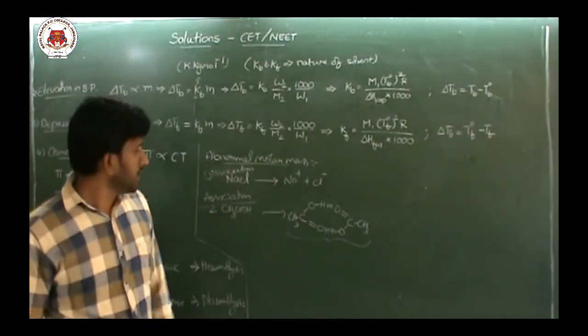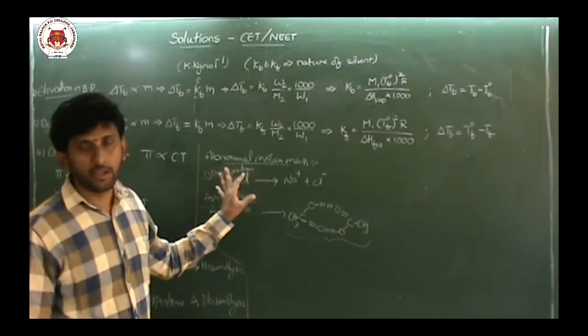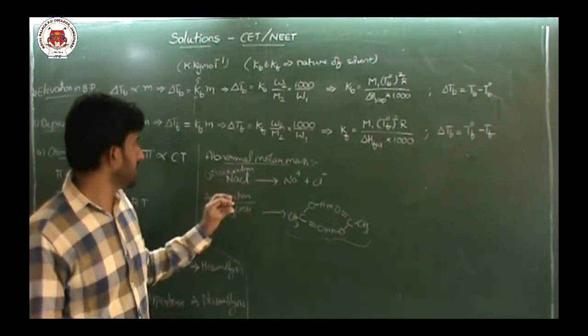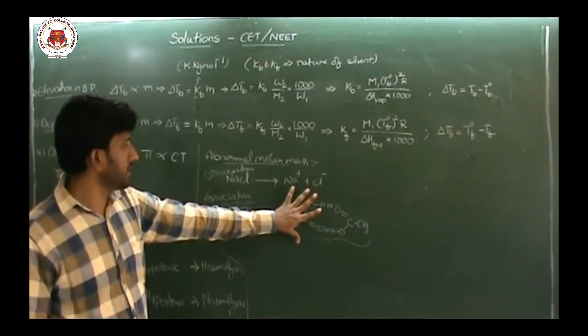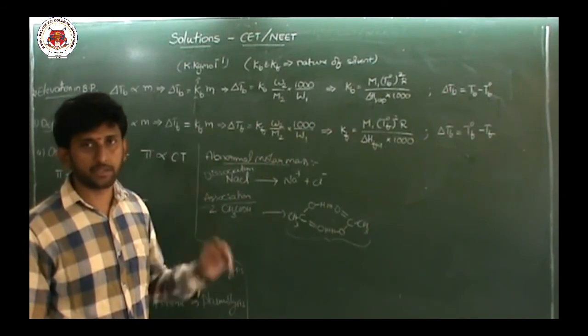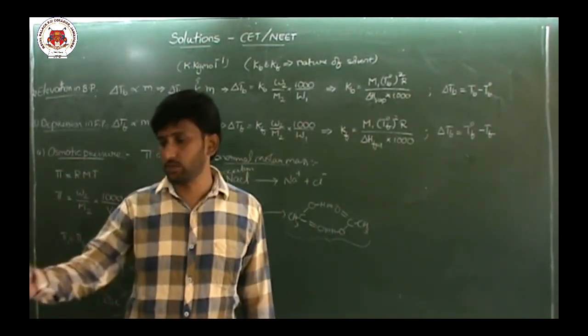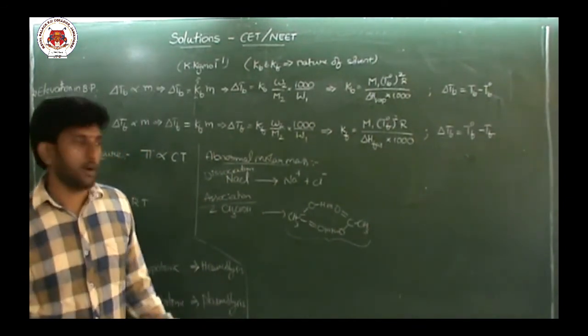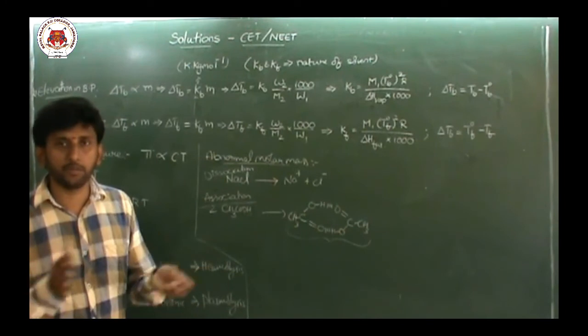So whenever association or dissociation is involved in electrolytes, the observed molar mass will be called abnormal molar mass. Why? Because either one molecule is behaving as two individual species, or two species are behaving as one species. So automatically the observed molar masses will change.